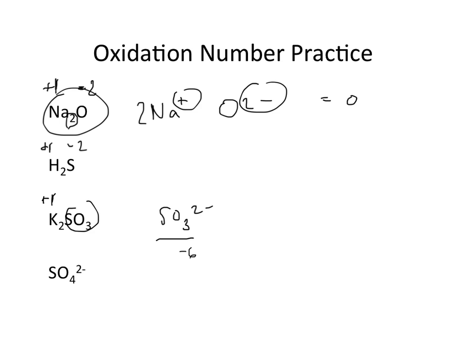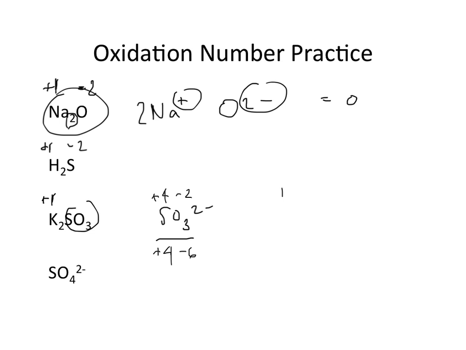Okay, so oxygen is contributing -6. I need a -2 charge, so I'm going to need a +4 here on the sulfur. 4 minus 6 is going to give me overall -2, so that makes sense. So my sulfur is going to have a +4 charge, and each individual oxygen is going to have a -2.